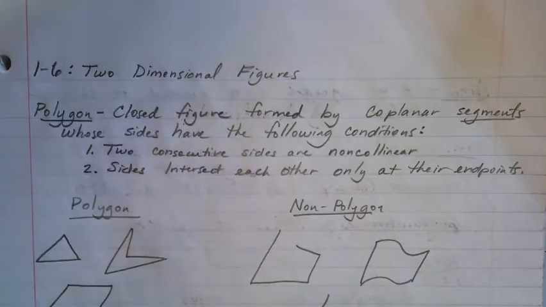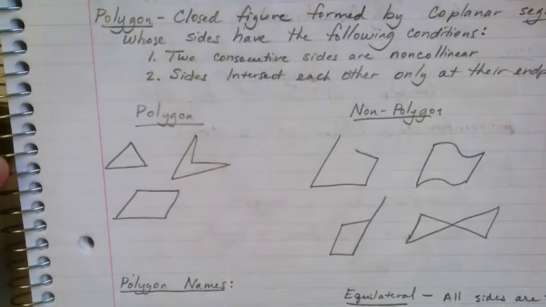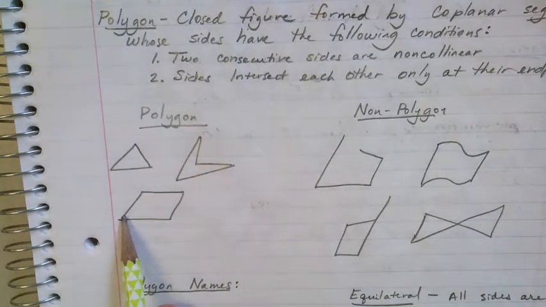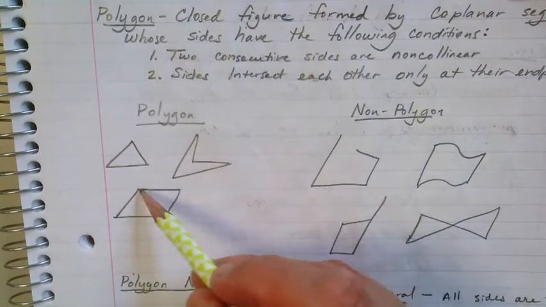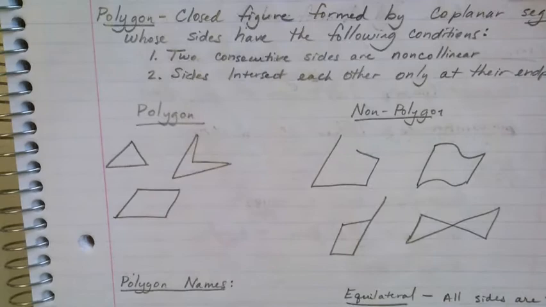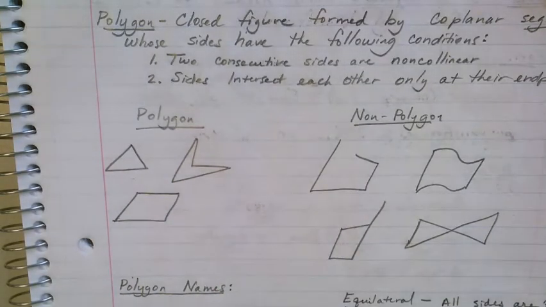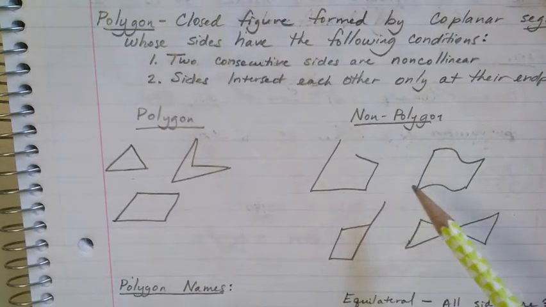So when I take a look here at my polygons and my non-polygons, what we see for the polygons is that they're all closed, and they intersect only at their endpoints. And no two consecutive sides are collinear. So these are all polygons here. This over here is not a polygon because it isn't closed.